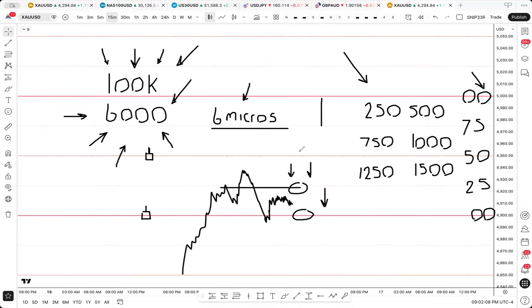Now, again, one more time, this is not financial advice, and I'm not telling you what to do. I'm just telling you what I'm doing, how I was able to pass those prop firms really quickly. I passed about five 100K accounts within a span of 4 weeks, and I was able to extract capital from that prop firm and move to a live account.